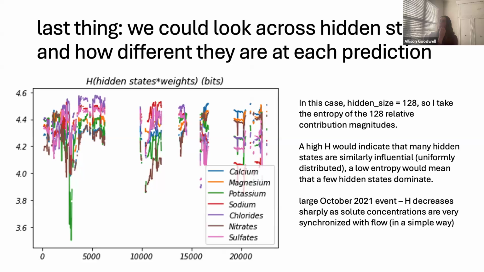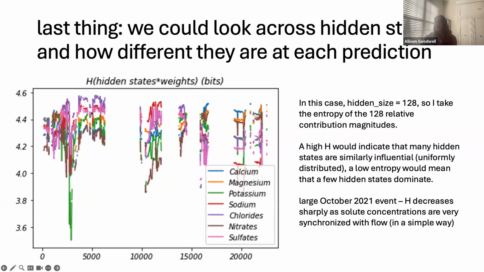And very last thing, just another way to look at this. I reran the model and I made it way bigger. I changed the hidden size from 6 to 128, just so that I had way more hidden units. Then I got the relative contributions for each hidden unit at each time point, and I'm taking the entropy of those relative contributions.